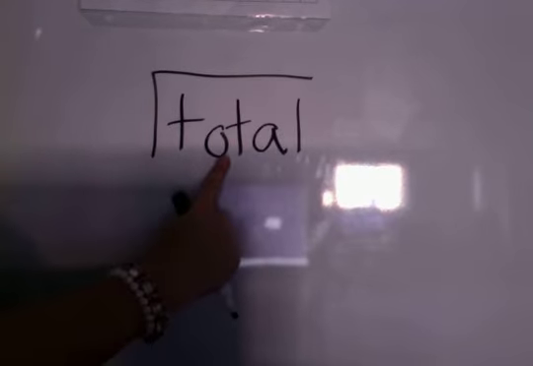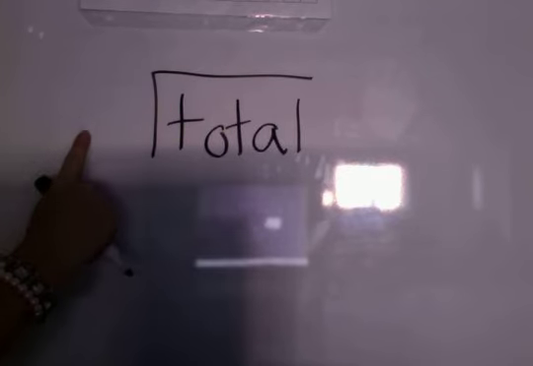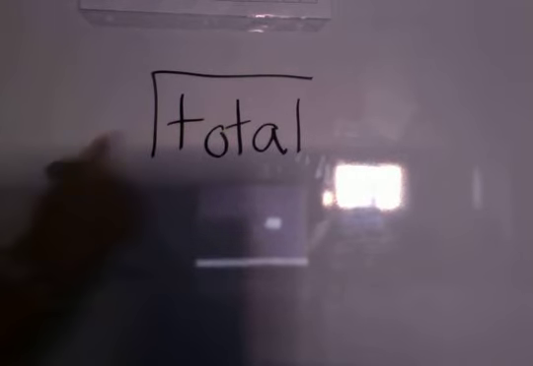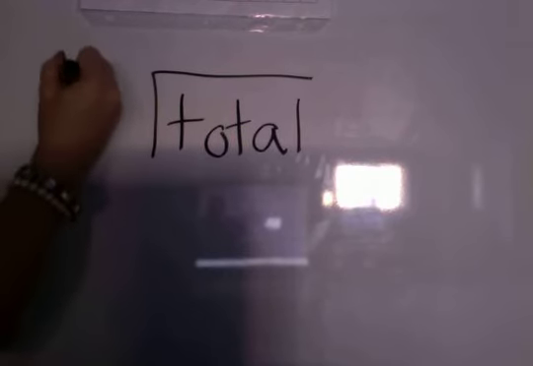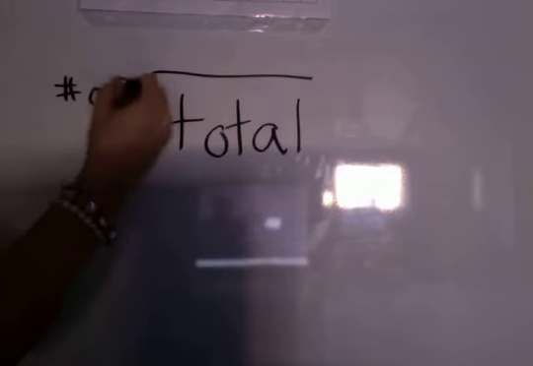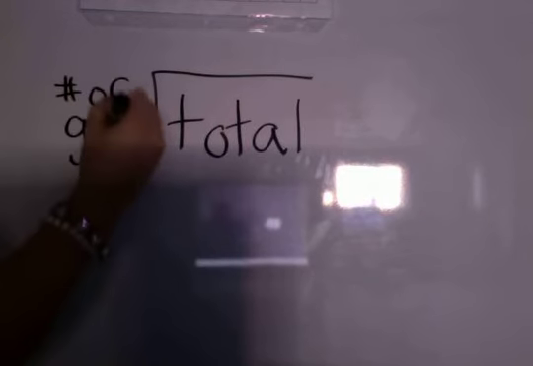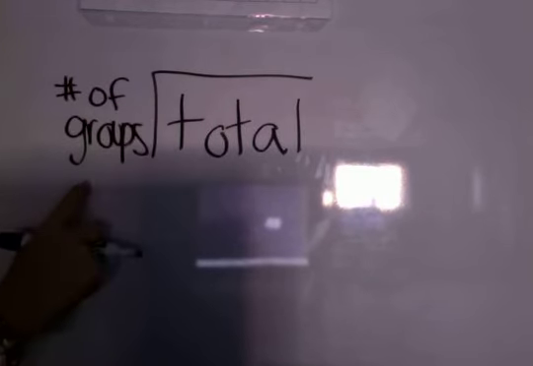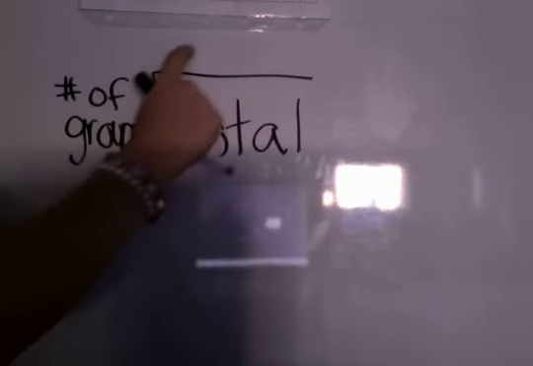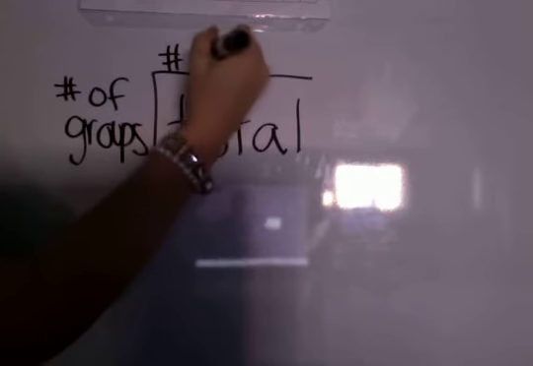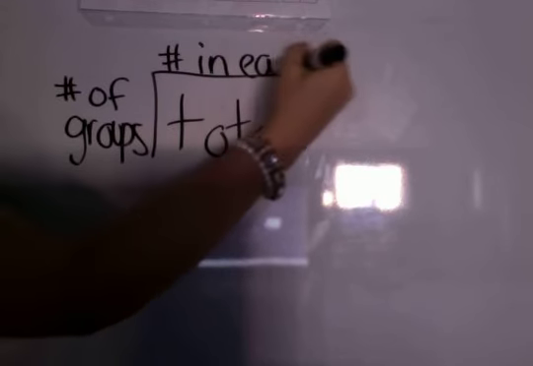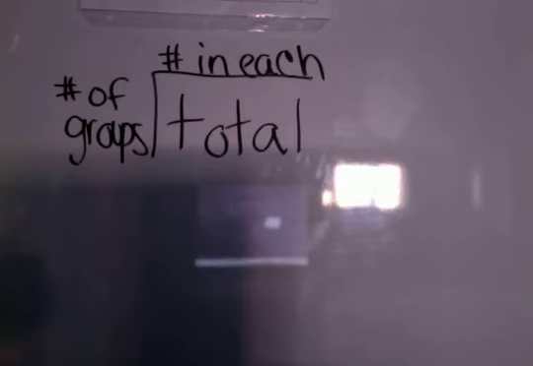Your total number of objects, divided by, so we read it from inside out, divided by this number, which is your number of groups. So total divided by your groups, and your quotient goes up top here. So this is the number in each. It goes right up top.